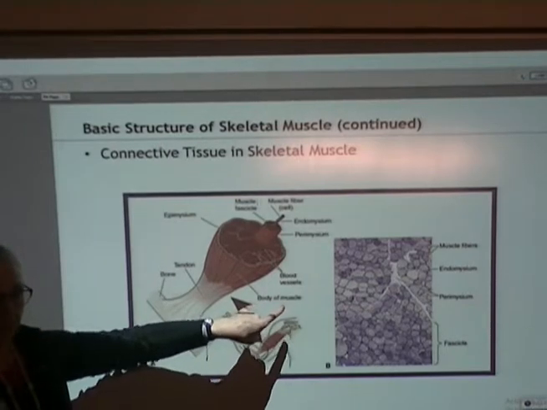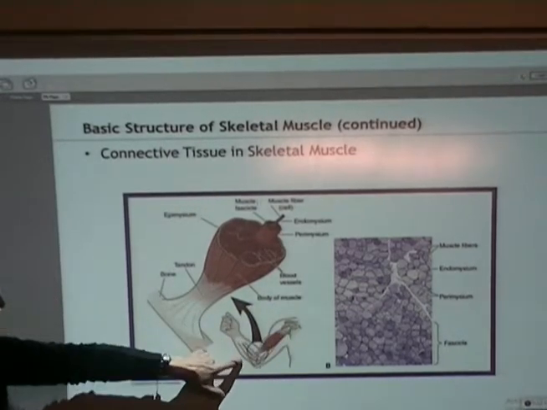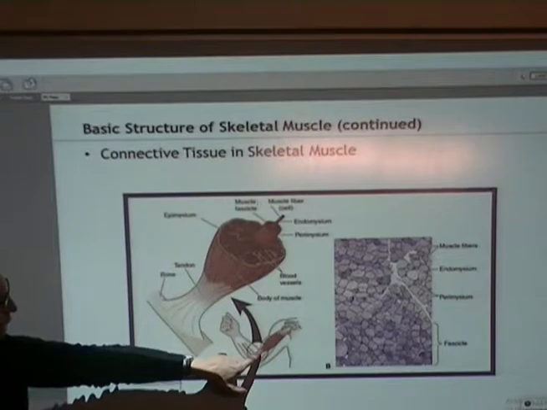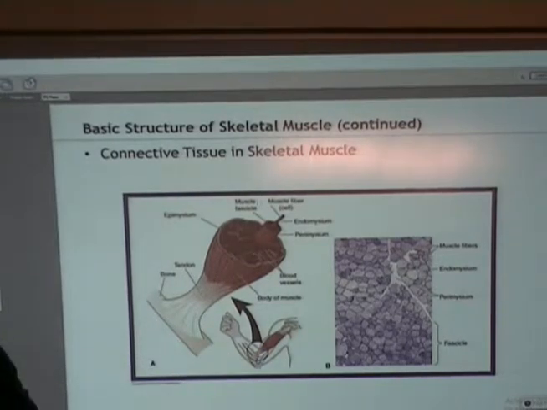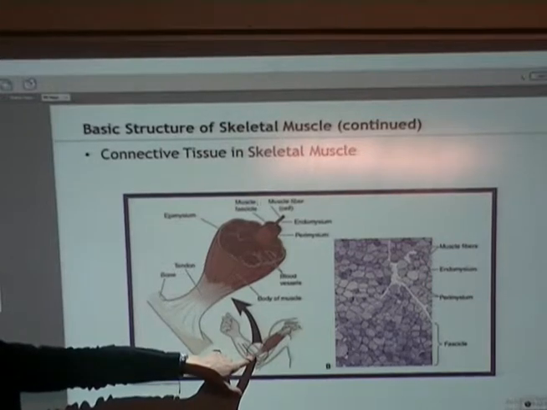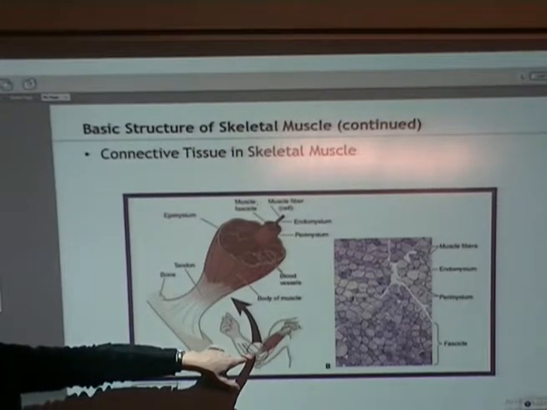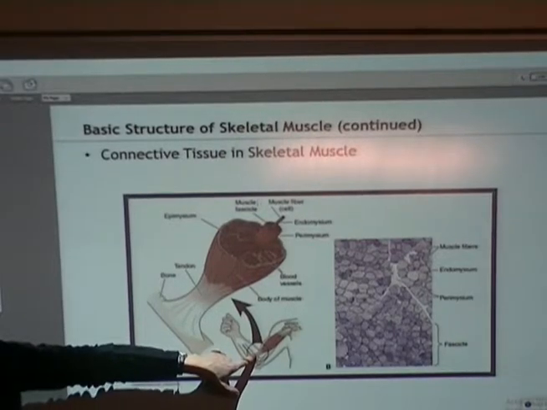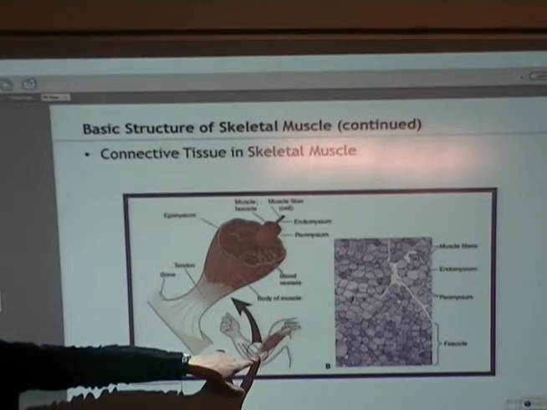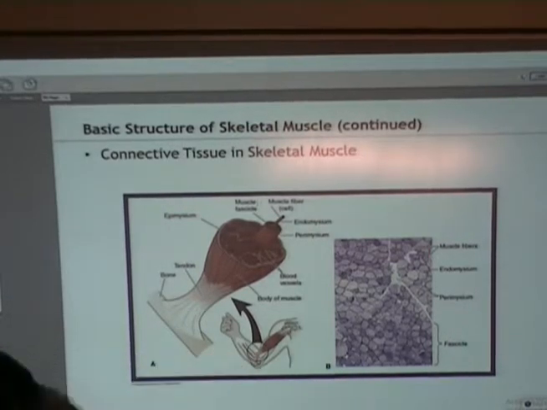Mechanically, this picture indicates an attachment for the bicep onto the... sorry? Yes, thank you. That attachment is slightly different in everybody, right?